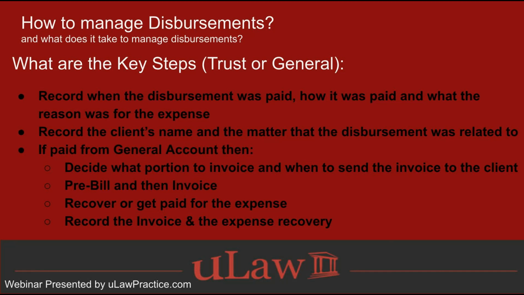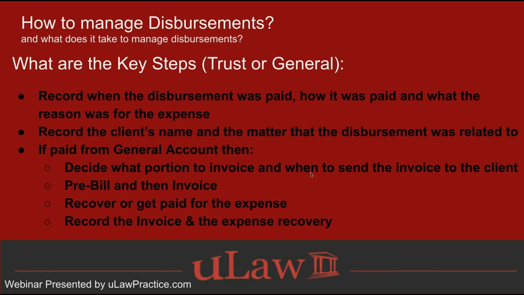It's very important for your bookkeeping records, yes, but as much as that is important to maintain a physical record of the invoices or the receipts, it is very important to maintain that in your uLaw account as well.